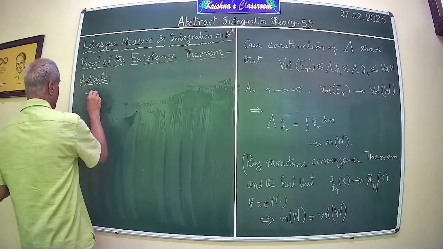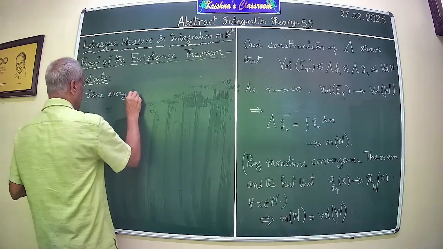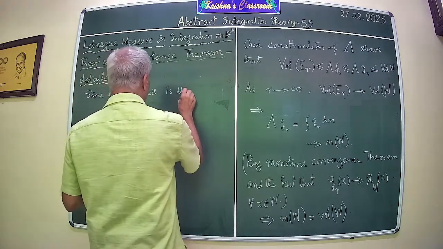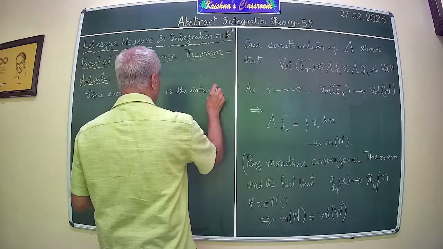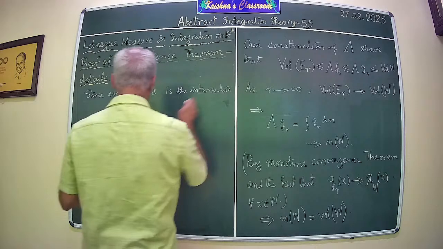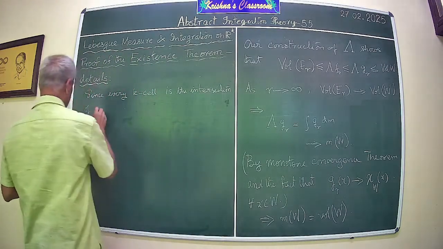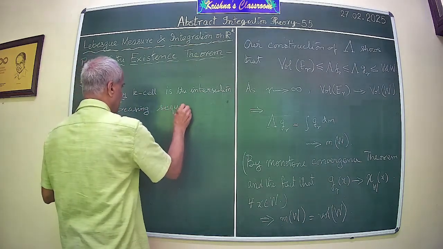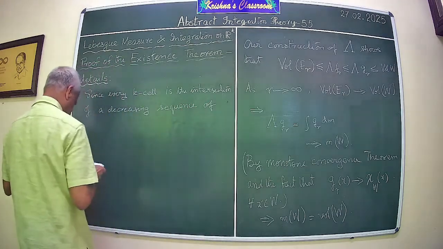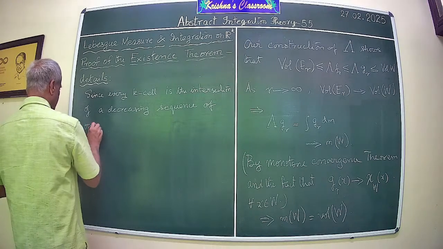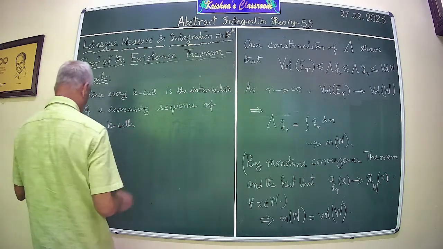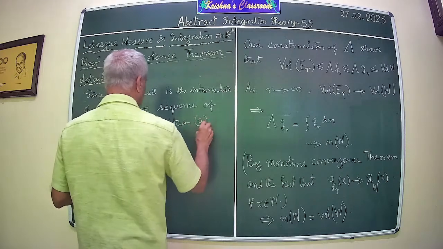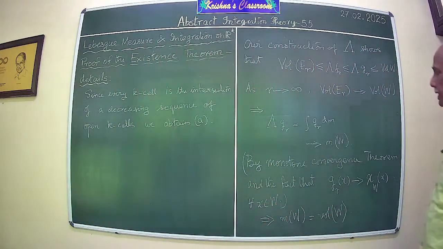Since K is the intersection of a decreasing sequence of open cases, that's how you do it. Okay, so that completes the proof of A.